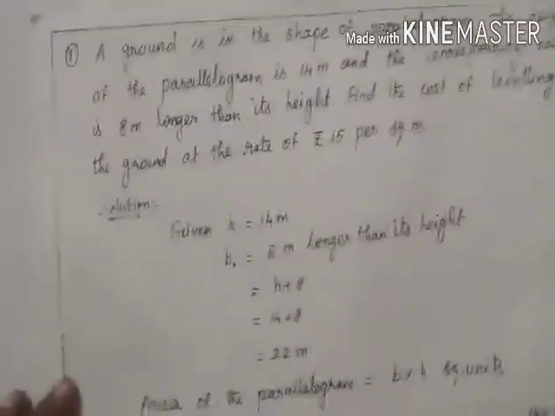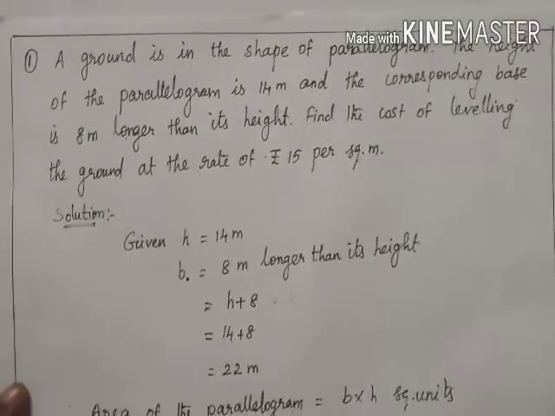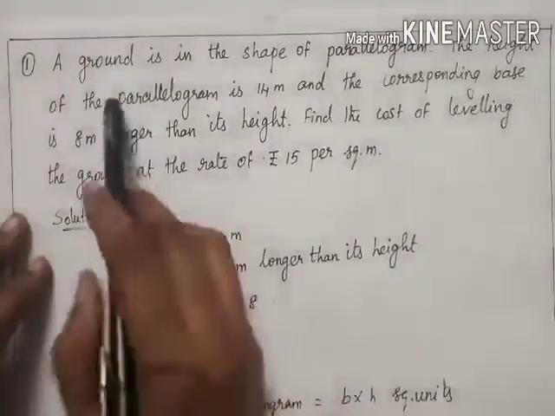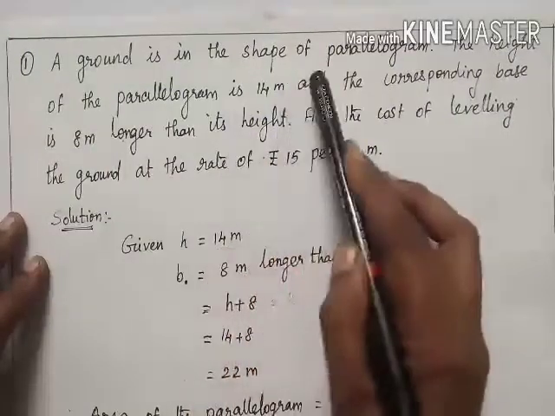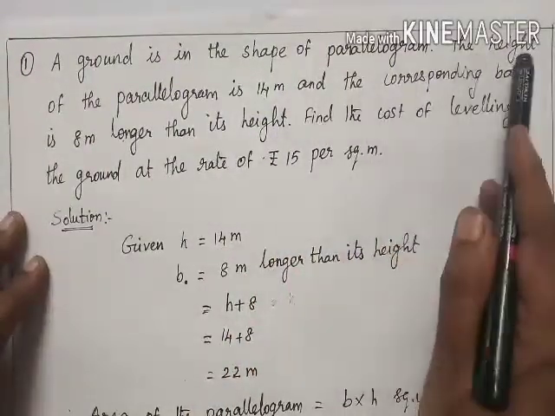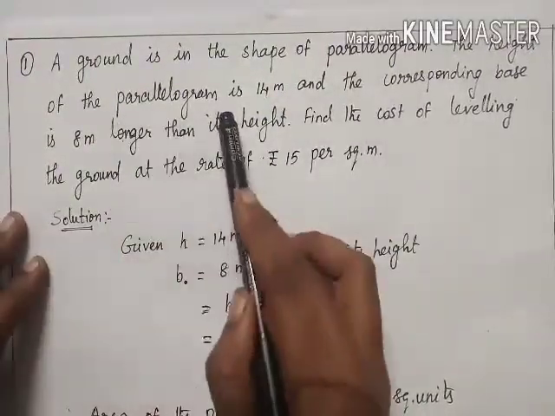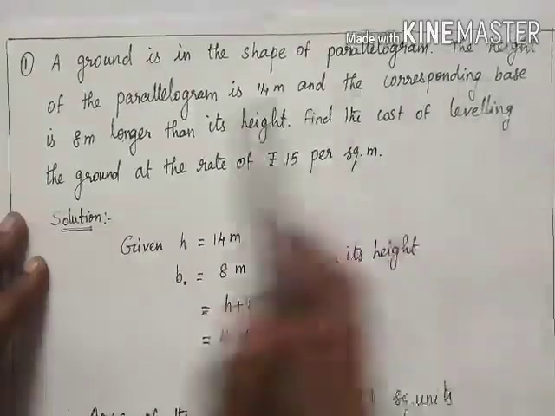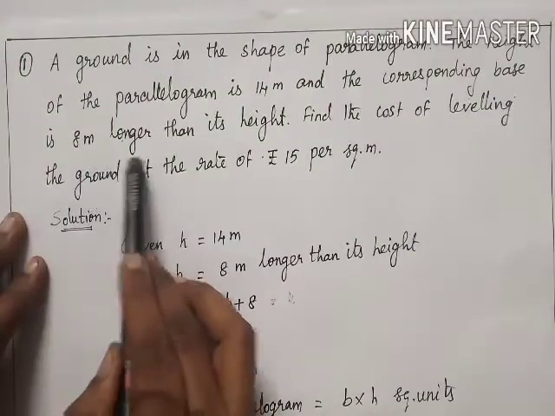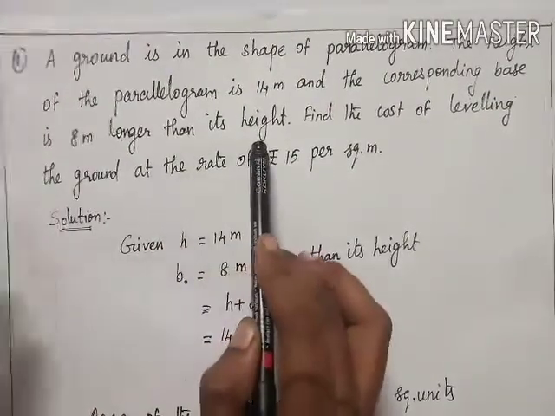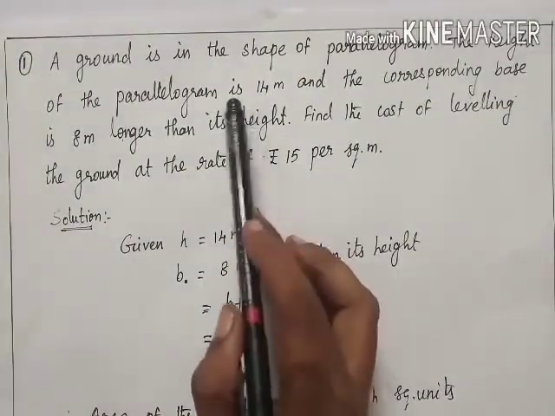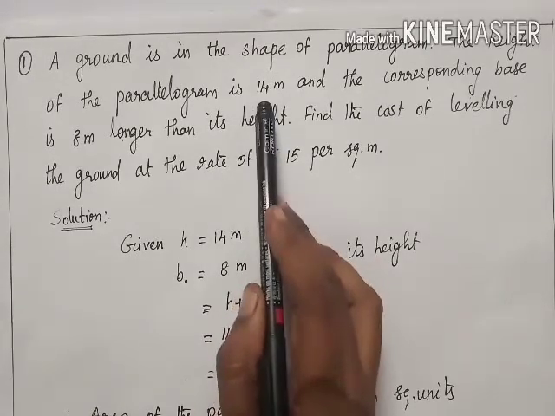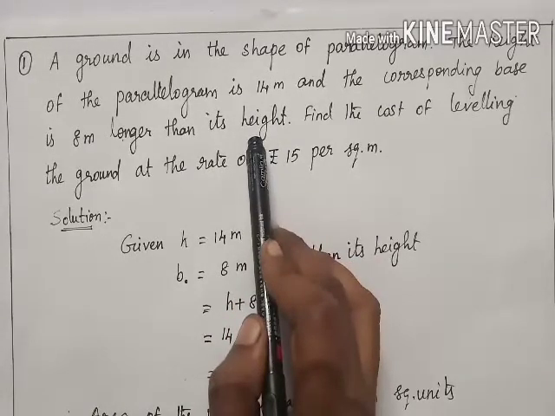Right, first question. Listen here, Kana. Read the question properly. A ground is in the shape of a parallelogram. The height of the parallelogram is 14 meter and the corresponding base is 8 meter longer than its height. The height is given directly, but they did not give the base directly.